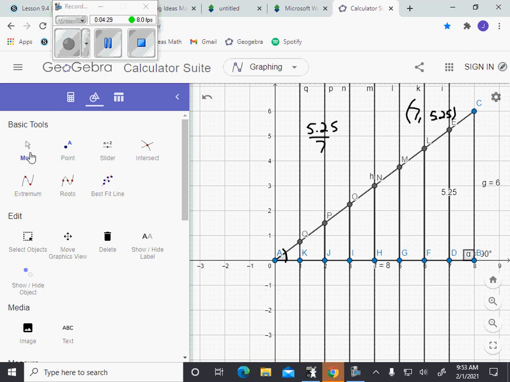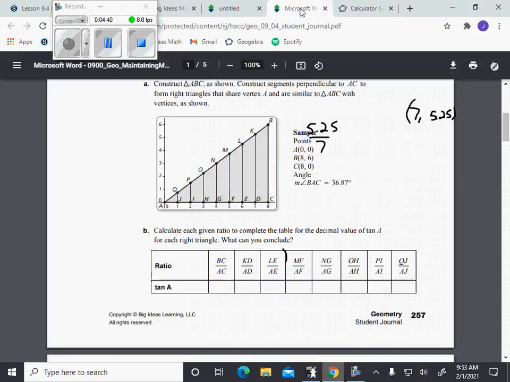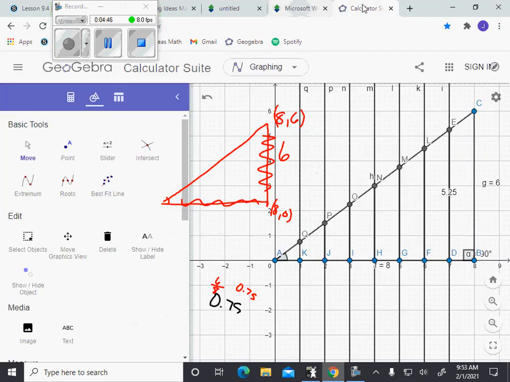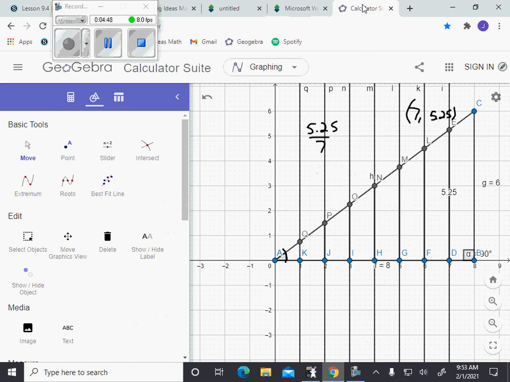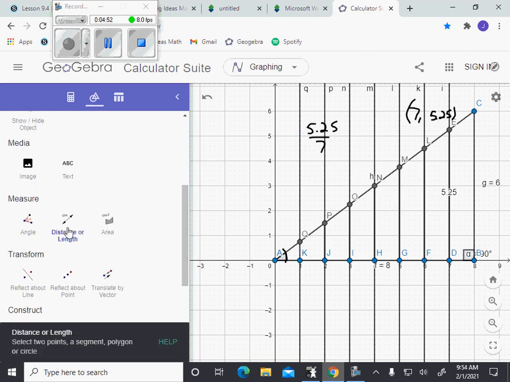Okay, and we want it as a decimal, so what is 5.25 divided by 7? This here is 0.75. Let's do one more, LE and AE. I want my distance.